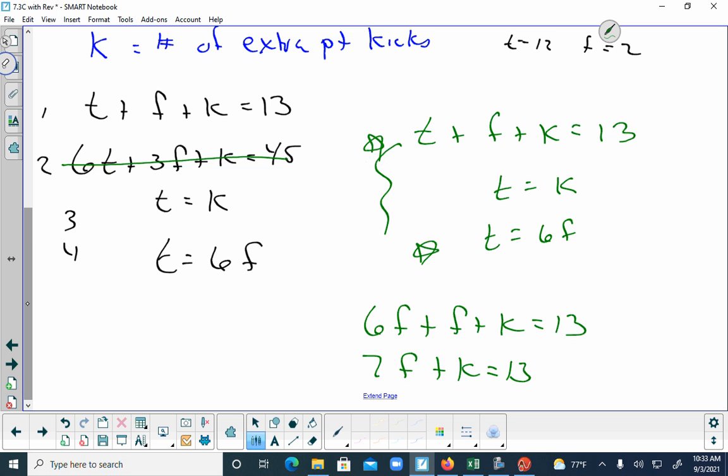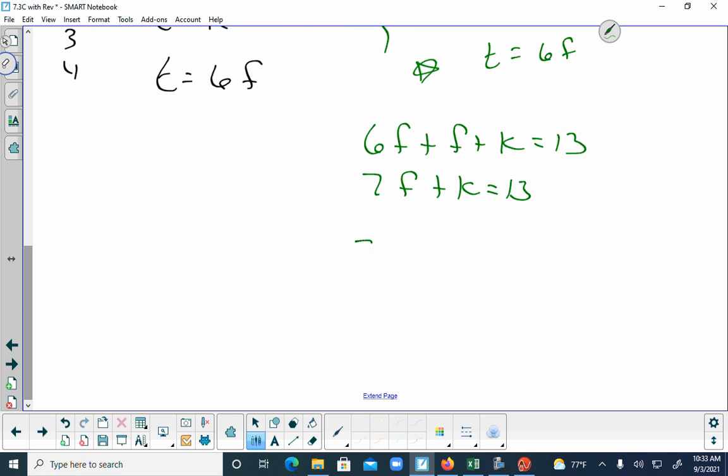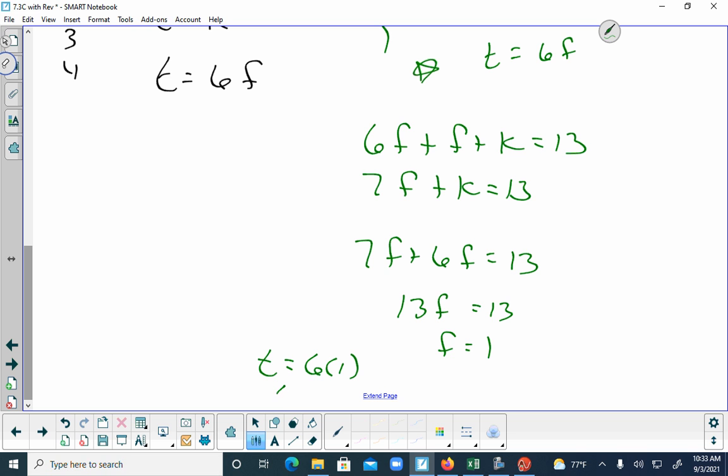You could. So 13F equals 13. So that means F equals 1. If F is equal to 1, what's T? T is 6. So T is equal to 6. And then I could go back to the 6 plus 1 plus, what letter am I? K is equal to 13. And get K to equal 6.